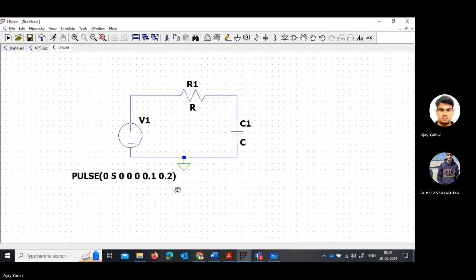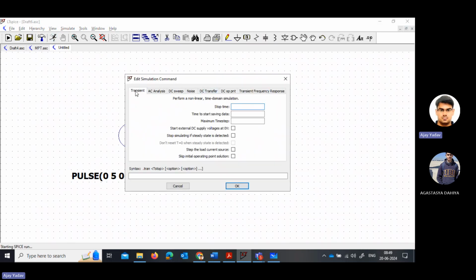Okay. So what we will do, we are giving input signal, a pulse signal, which is having maximum value 5 volt. The time on period is 0.1 second and time off is 0.2. Now we'll simulate this. Okay. Because we are doing the transient analysis. So here the stop time I am giving 1 second.